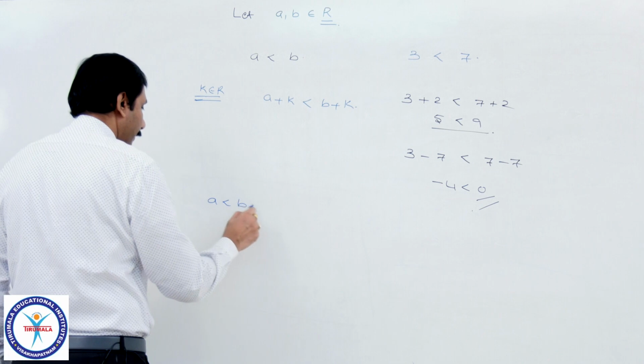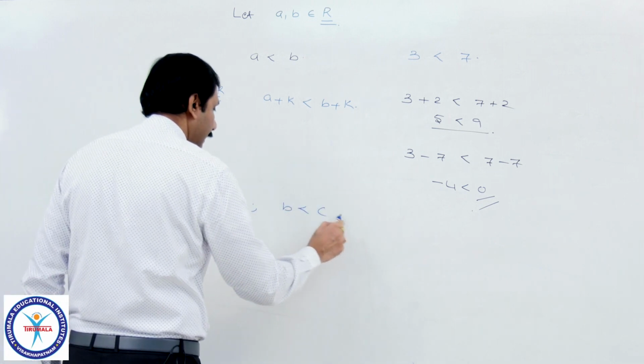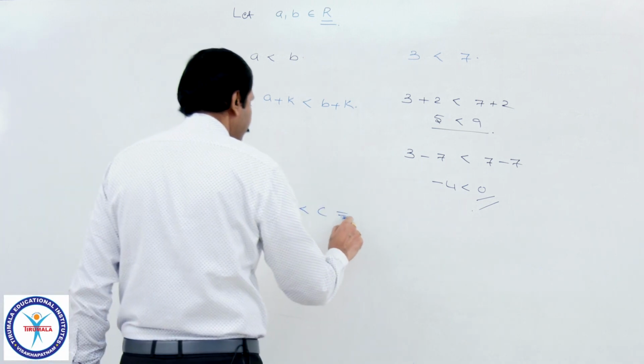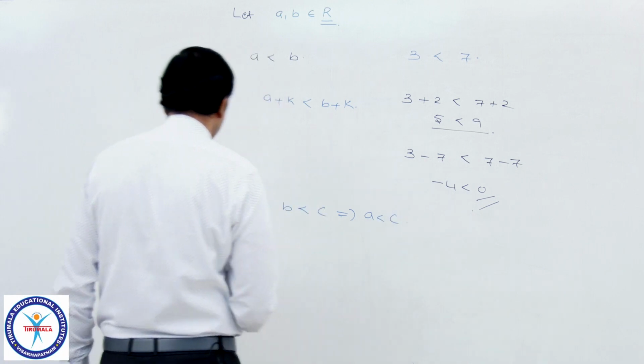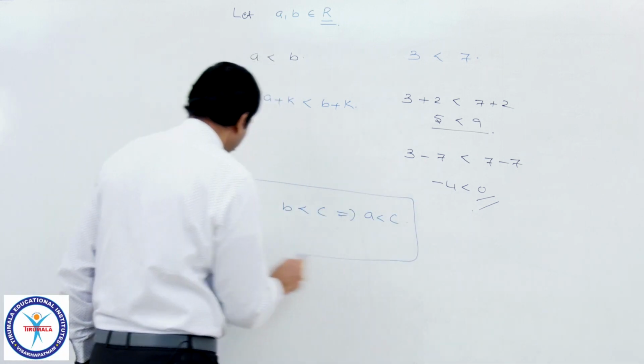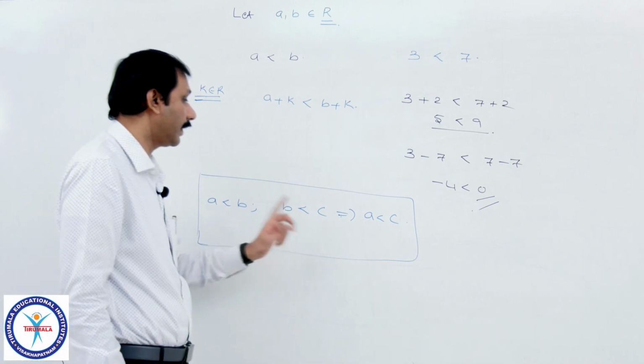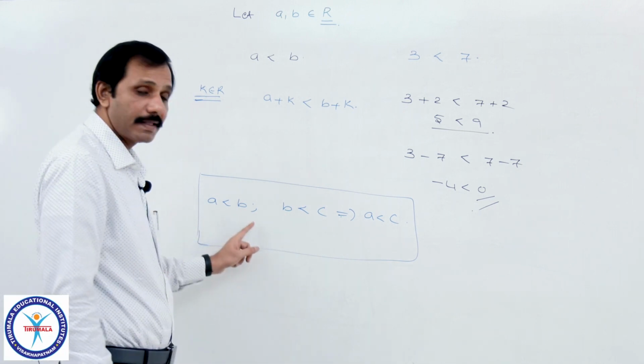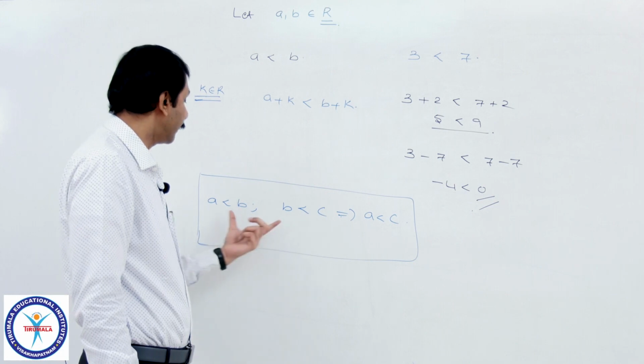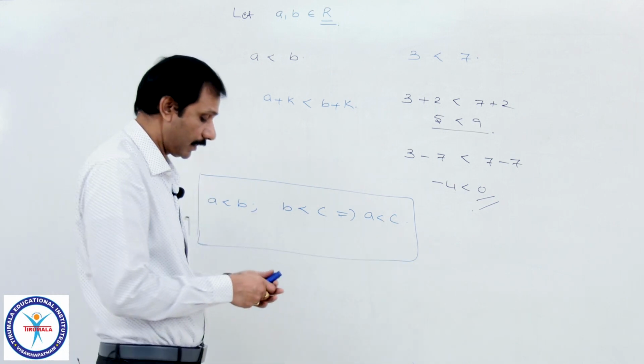whenever a less than b and b less than c, that implies I can write a less than c. If you take any 3 real numbers a, b, c, it is what we call transitivity. A less than b and b less than c, then it follows that a less than c.